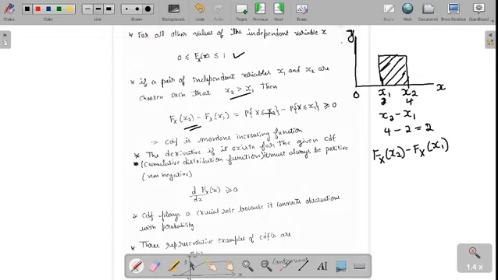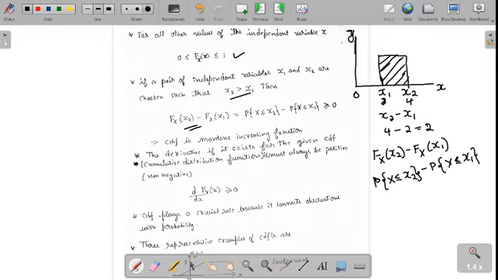So what is this fx of x2? We know from the previous slide what fx of x2 is. It is nothing but the probability of capital X being less than or equal to x2, minus the probability of x being less than or equal to x1.